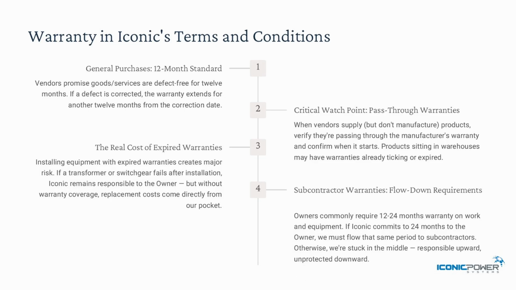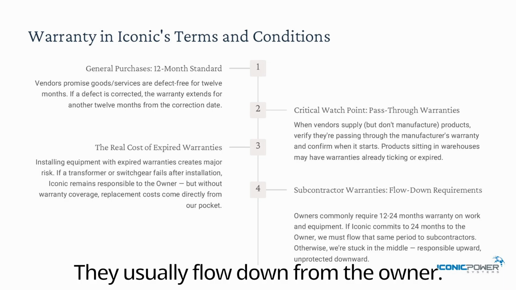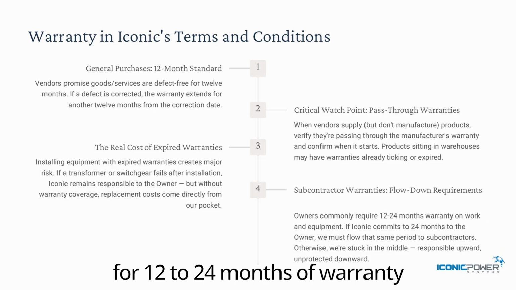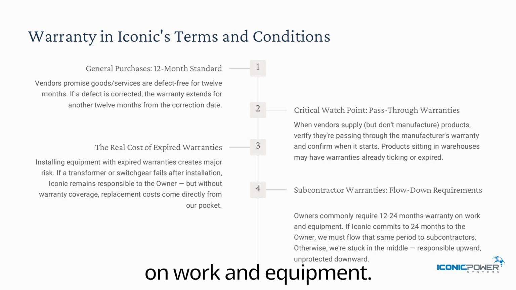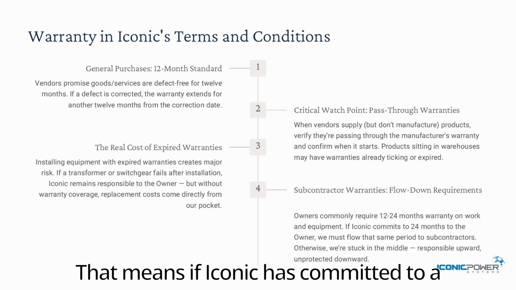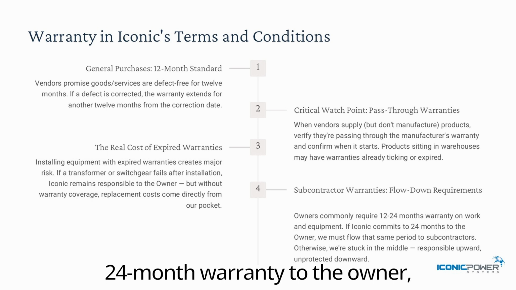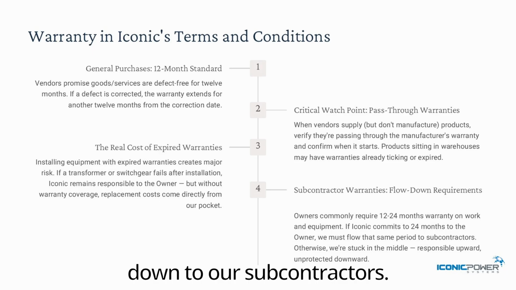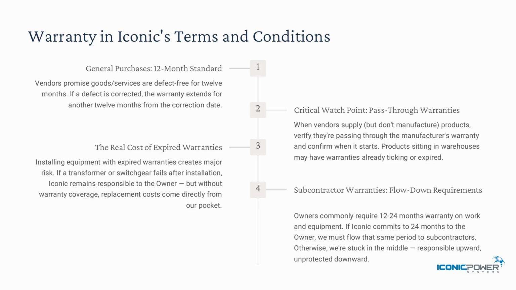Now, let's talk about subcontractor warranties. In projects, warranties do not exist in isolation. They usually flow down from the owner. These days, owners are commonly asking for 12 to 24 months of warranty on work and equipment. That means if Iconic has committed to a 24-month warranty to the owner, we must flow the same warranty period down to our subcontractors.